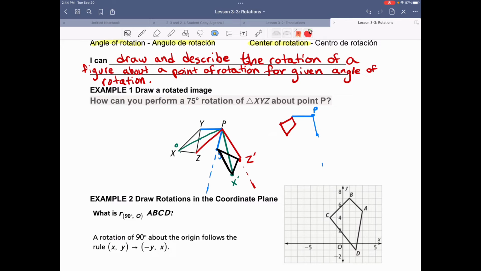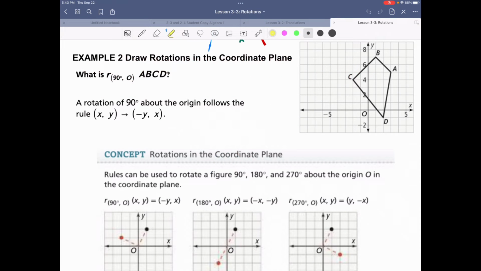For example 2, we will draw rotations in the coordinate plane. And the question is asking, what is rotation 90 about the O, which is the origin? So the origin is right here, and we want to do a 90-degree rotation around the origin.